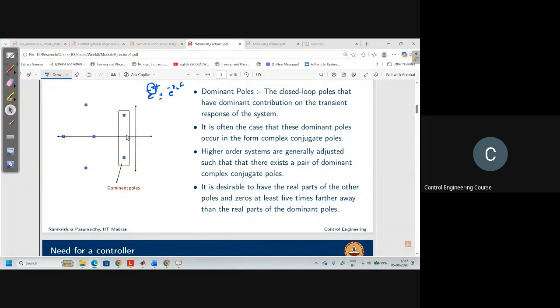If this pole is closer to the imaginary axis, this term will decay much slower than the poles far away from the imaginary axis. That means if x2 is far away at some point here, then that term will decay much faster than this one. So the entire system's response is dominated by this pole. So that's the reason we are focused on dominant pole design.